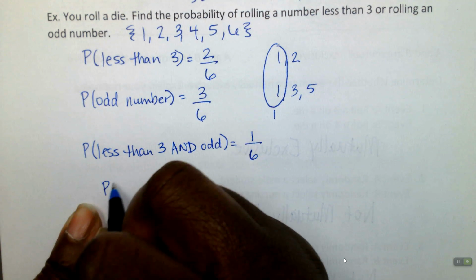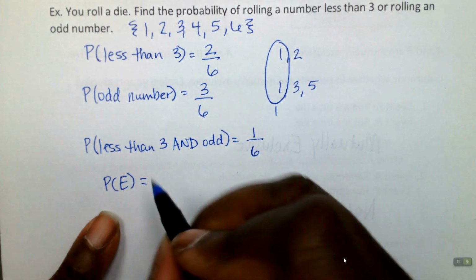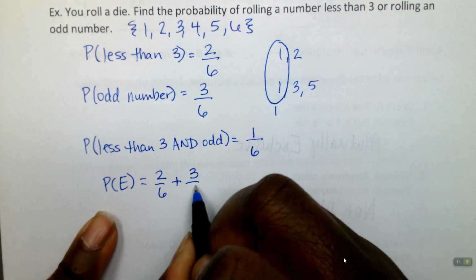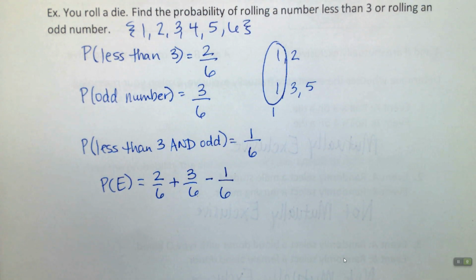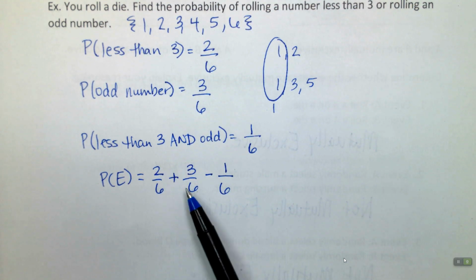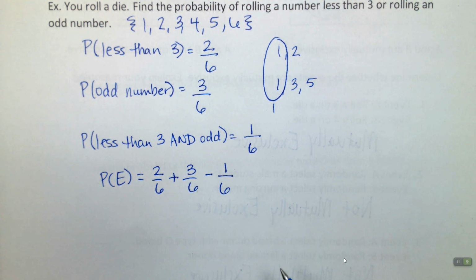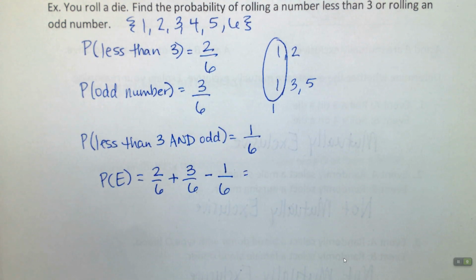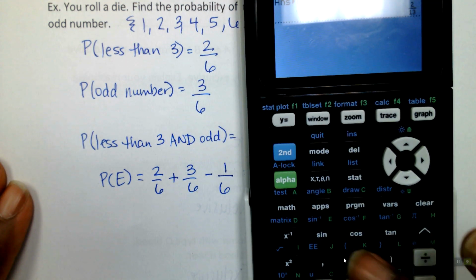So here is the fraction problem. The less than, the odd, and then we take out however many we have overlapped. The less than, the odd, and then the less than and odd. So you can, again, do all of that on your own and subtract and all that good stuff.